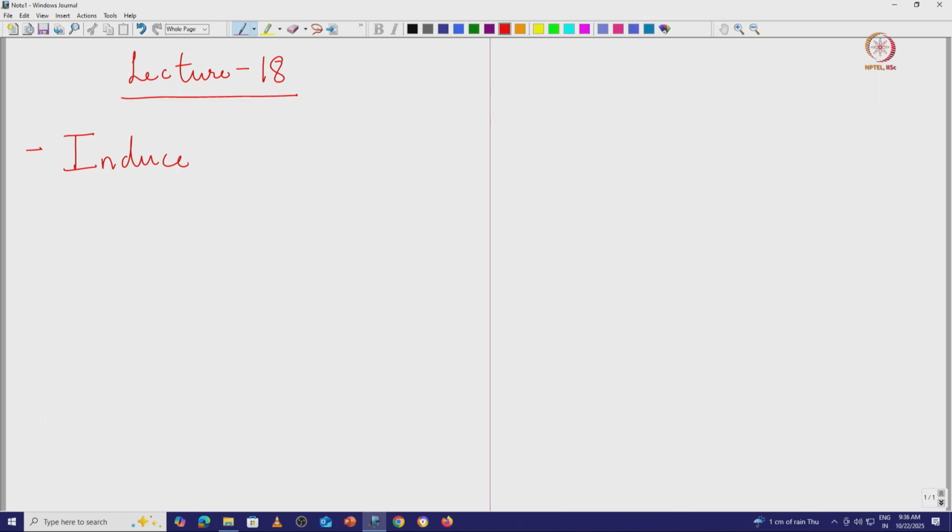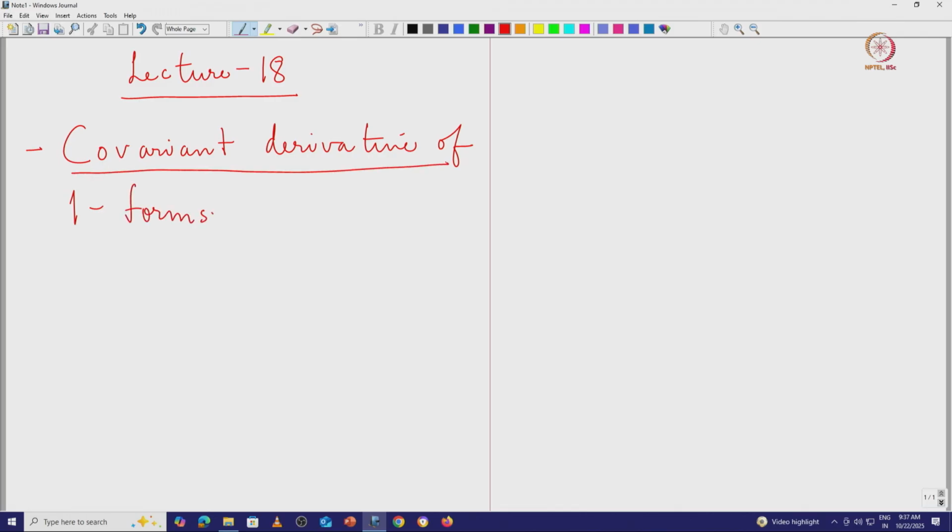to talk about the covariant derivative of one forms. So the main question we would like to address is the following.